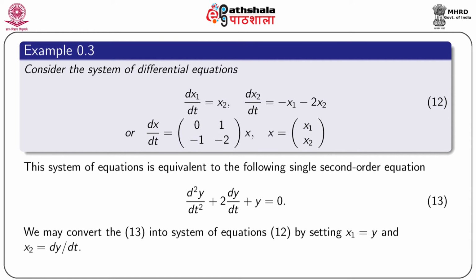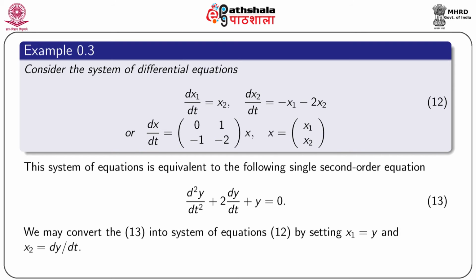We consider the example with this system of differential equations: dx1/dt = x2, dx2/dt = -x1 - 2x2, which can be put in the matrix form dx/dt = [[0, 1], [-1, -2]] x, where x = (x1, x2).